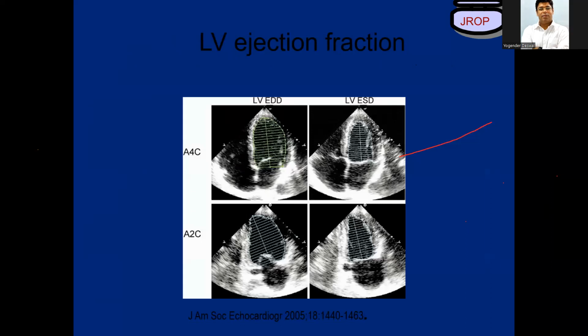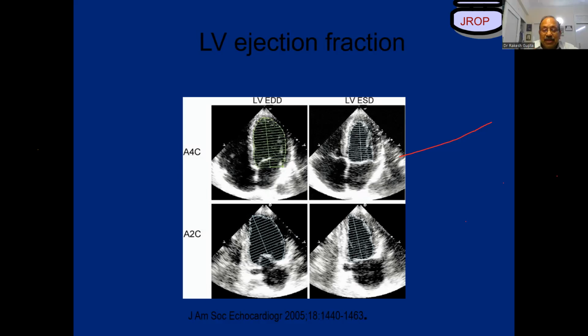So do you include or exclude them? Because in some cases of concentric LVH, if we take from the inner diameter, the ejection fraction is very high. If we take it outside, then it becomes low. So a bit of confusion.